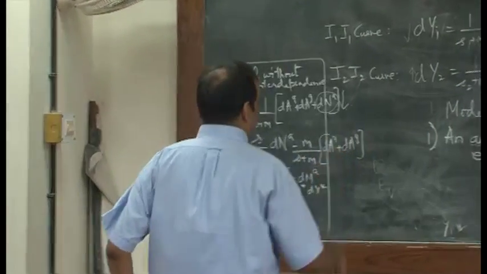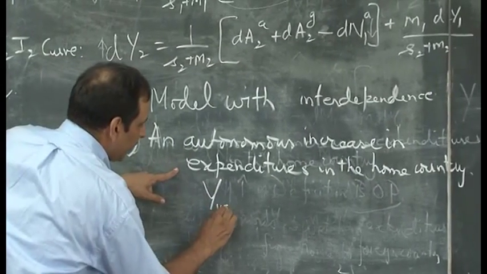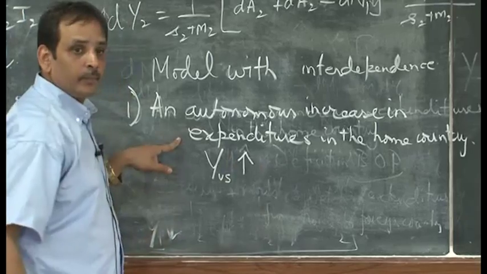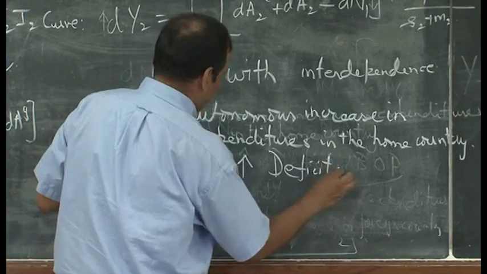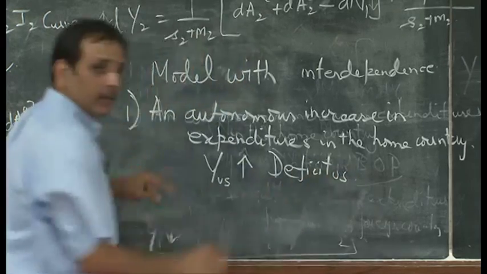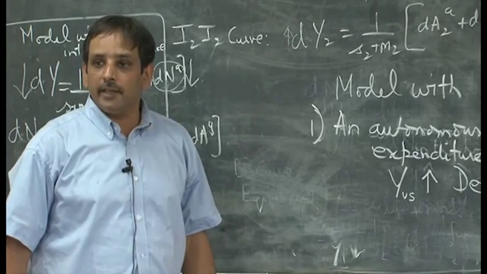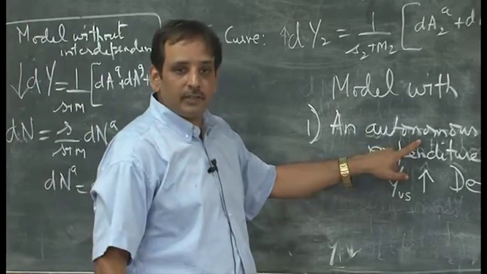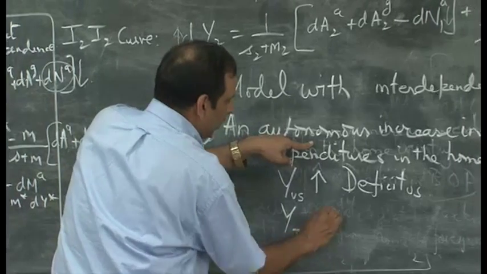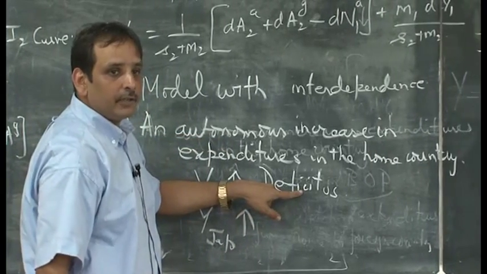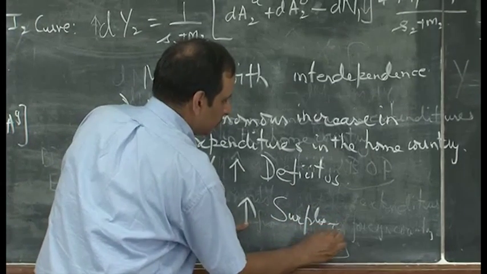Now, remember, when there is an autonomous increase in expenditures in the home country, incomes in US go up, there is a deficit in the current account balance in US, but there is something which happens in Japan also. In Japan, because the expenditures have gone up, incomes in Japan go up, and because there is a deficit in the US, there will be a surplus in Japan.